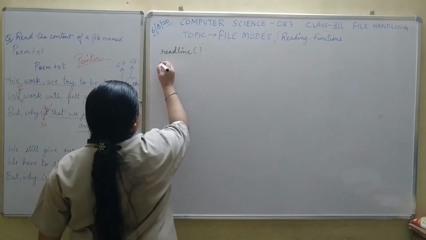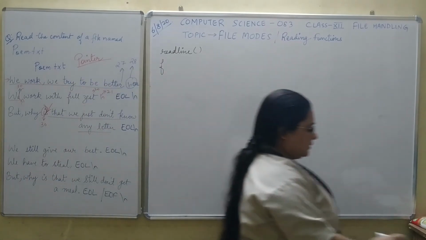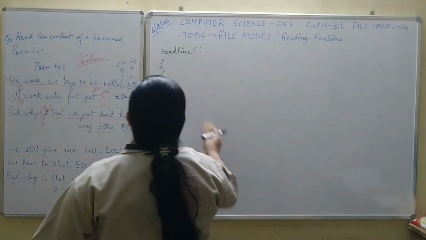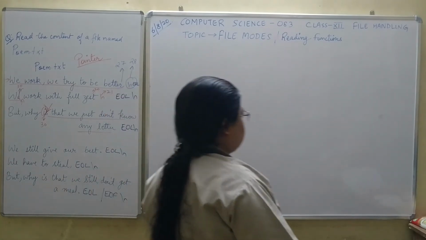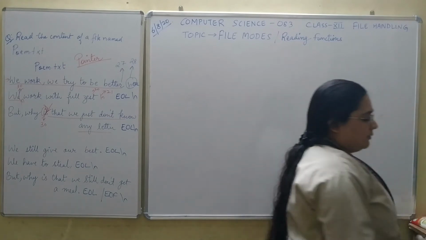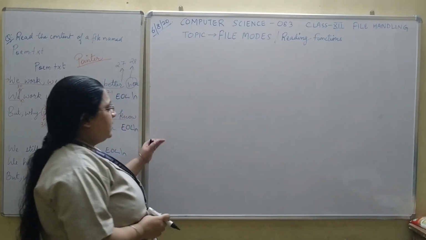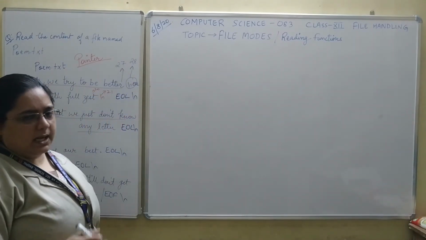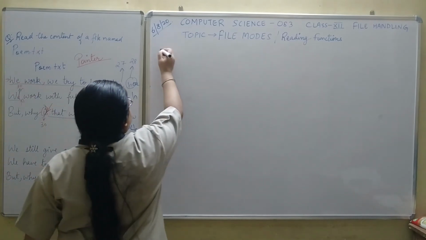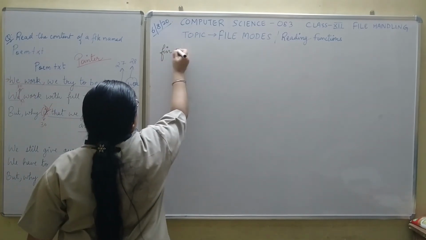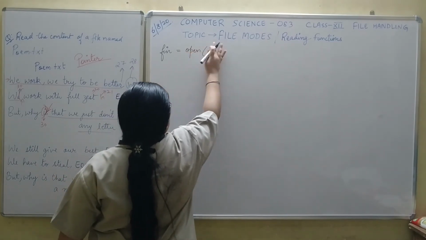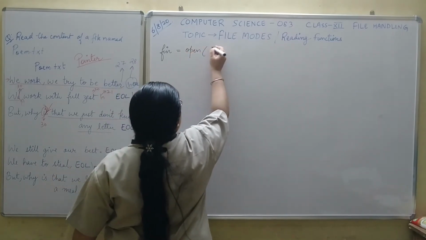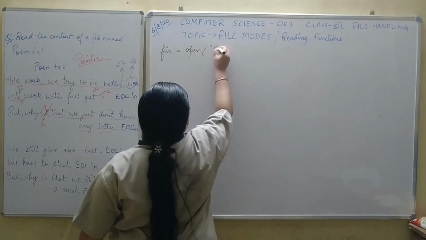Let us write the statements within a program. First of all, we'll try to understand it with a program. In this program, we are going to read one line at a time from the file and print its content. Let me use the other method over here.